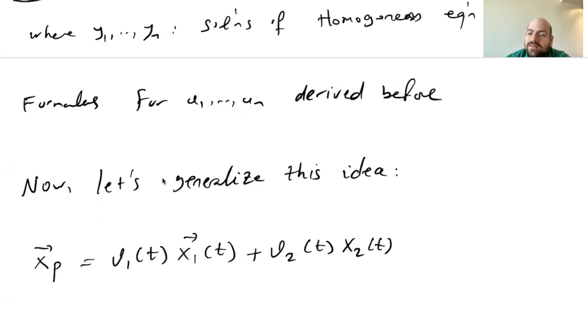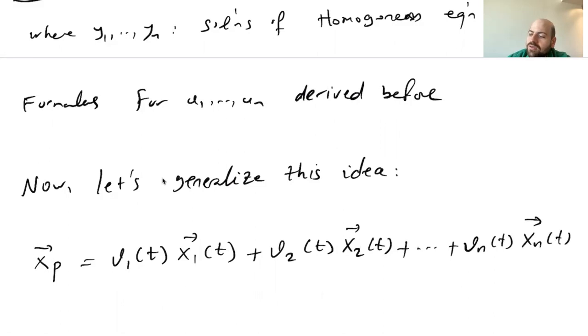These are vectors this time. xp is a vector. x1 to xn are also vectors, which are n linearly independent solutions for the homogeneous system. And we multiply them with some scalars: v1 of t, v2 of t to vn of t are scalars.